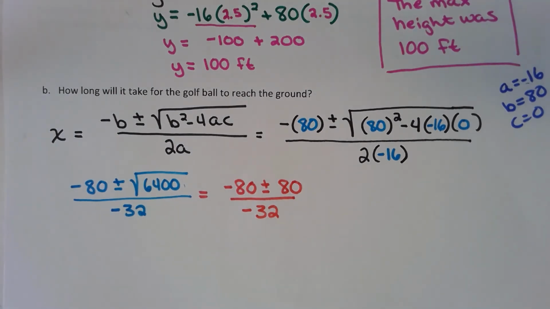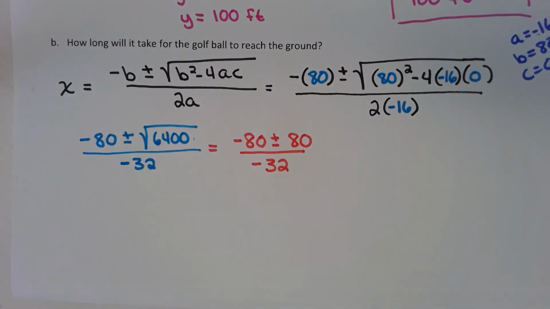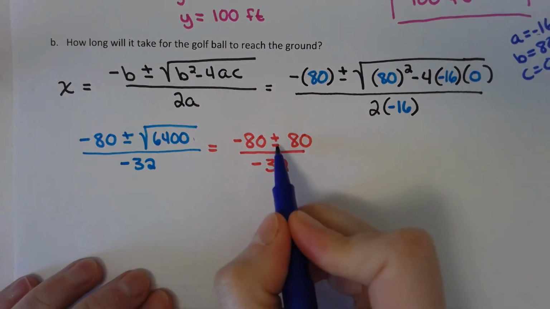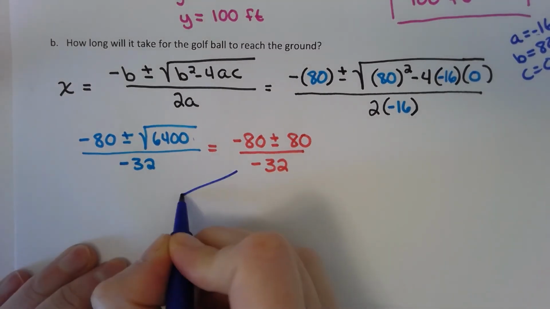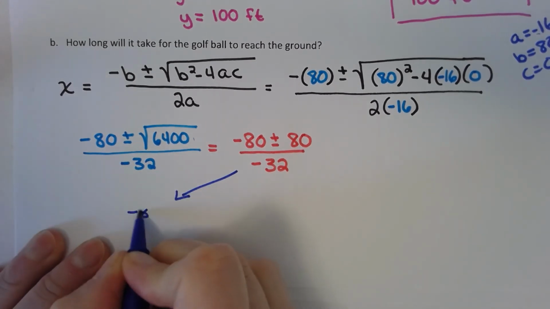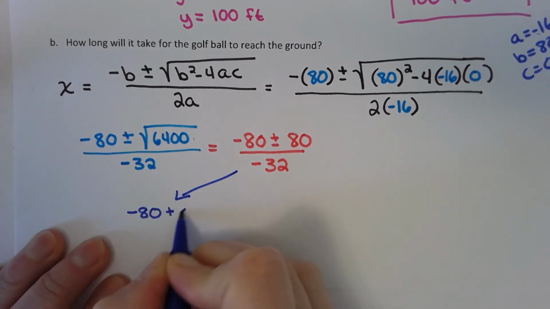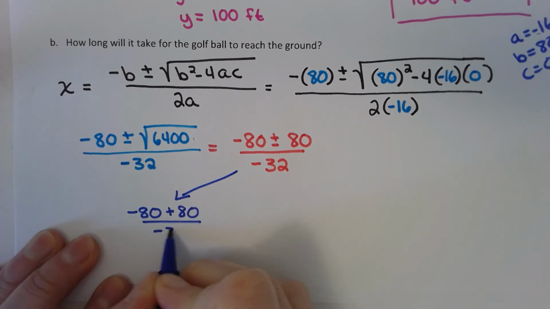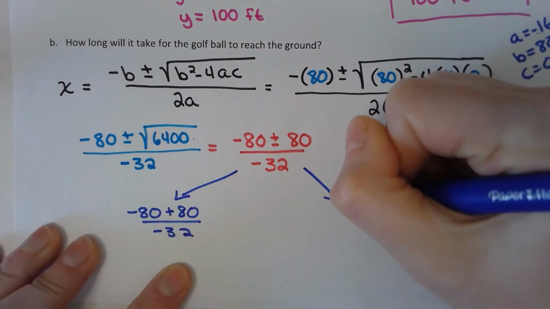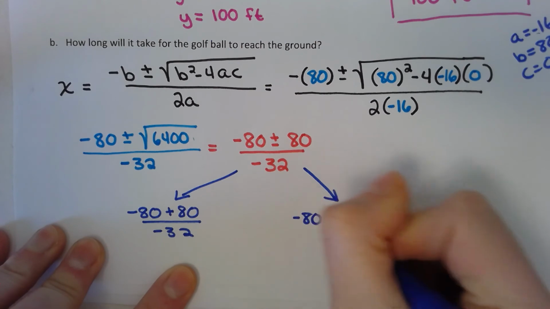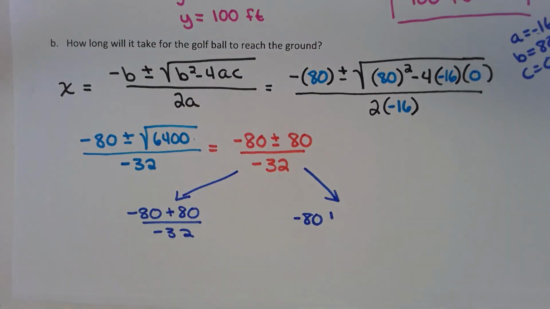So now that I've got it like this, I am going to go ahead and break this apart into its 2 separate problems. We're breaking up the plus or minus sign. Now, I'm going to do the positive one first. So negative 80 plus 80 over negative 32. Or it could be negative 80, sorry, not plus, minus.